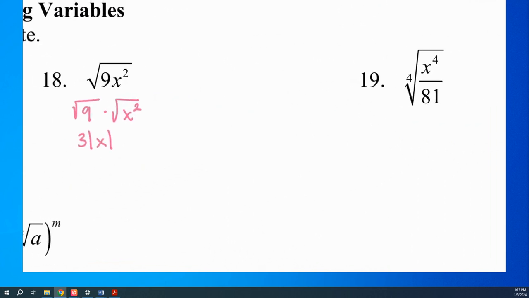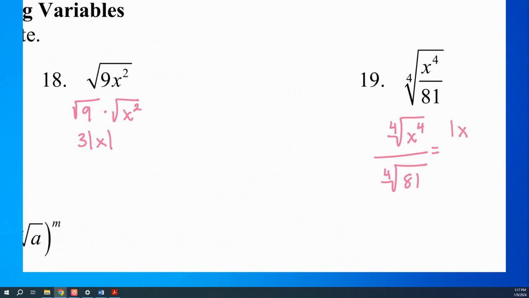It's not that bad. We're going to start by, again, splitting it up. So what would the 4th root of x to the 4th be? X. Do I need to include absolute value bars?